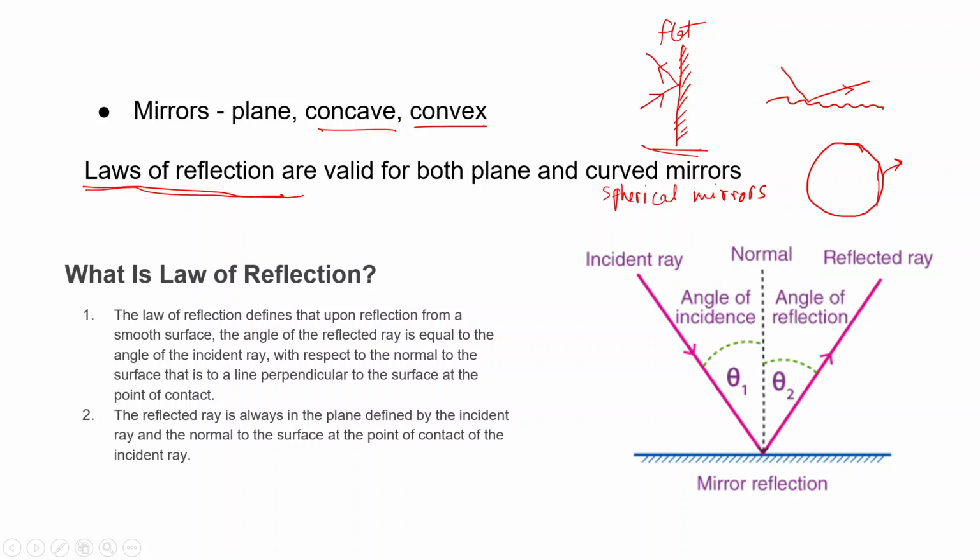We have two laws of reflection which are valid for both plane and curved mirrors. So what are these laws? The first law tells that upon reflection from a smooth surface, the angle of the reflected ray is equal to the angle of the incident ray with respect to the normal to the surface, that is a line perpendicular to the surface at the point of contact.